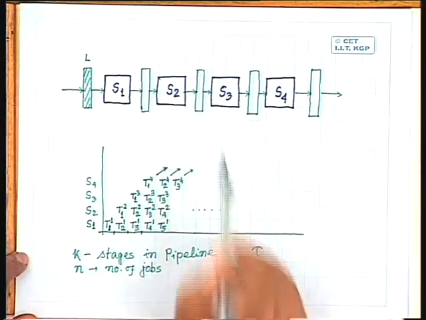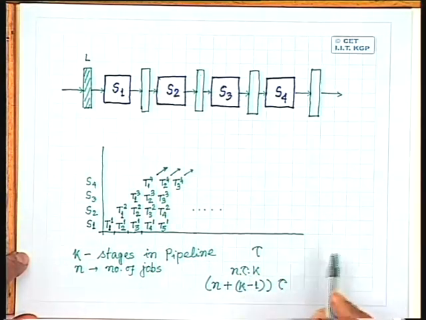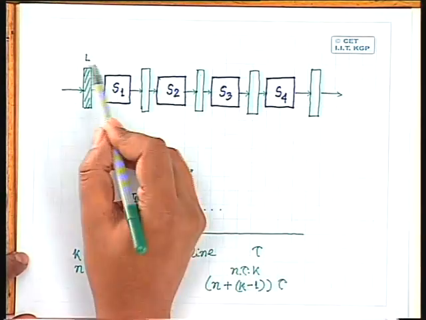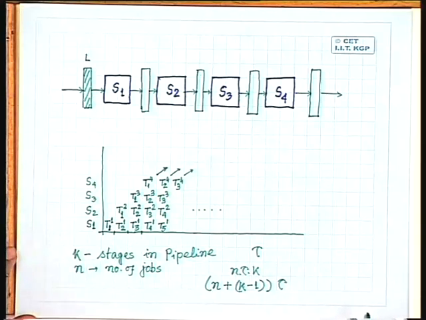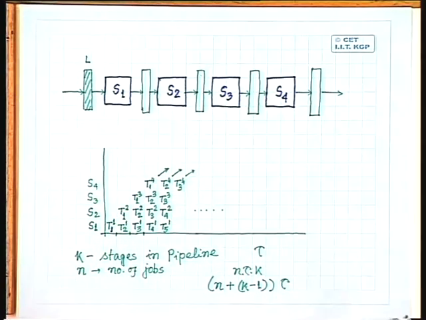So if every stage in the pipeline takes the same amount of time tau for execution, in that case we need not have these latches. But practically, having such a situation, breaking into pipeline stages where every stage will take the same amount of time, is almost impossible. Okay. So in general, different pipeline stages will take different amounts of time for execution, in which case use of these latches is essential so that the data is not lost.